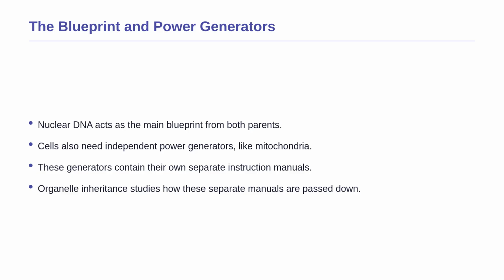In human biology, these power generators are the mitochondria. Interestingly, these generators come with their own tiny, separate instruction manuals. Organelle inheritance is the study of how these specific tiny manuals are passed down from generation to generation, breaking the standard 50-50 rule of genetics.